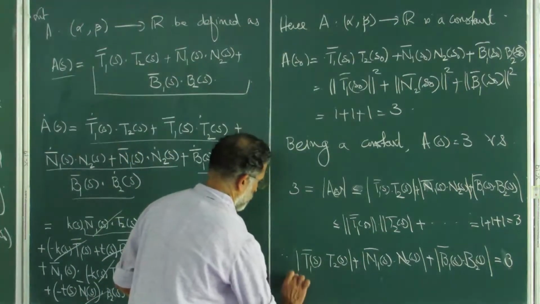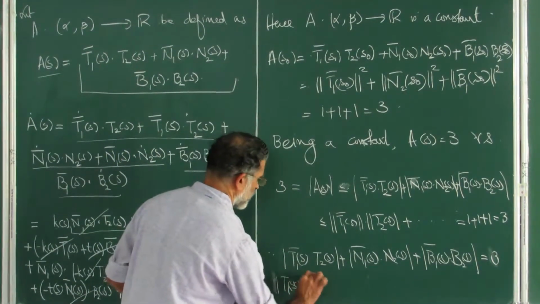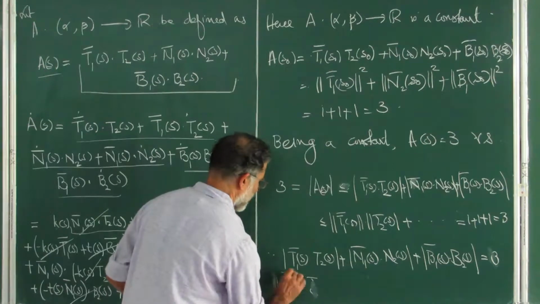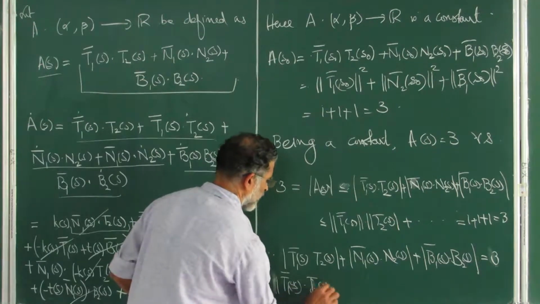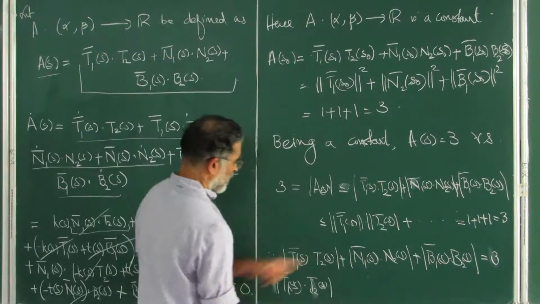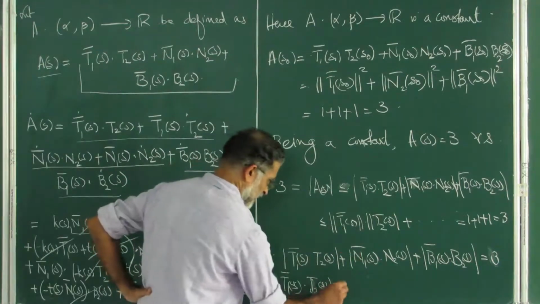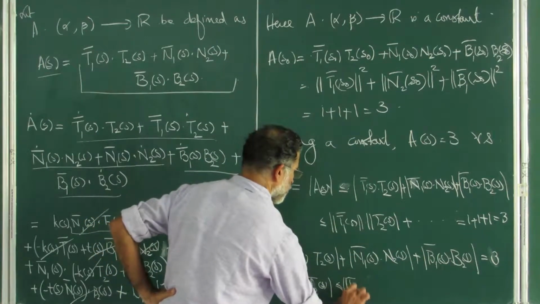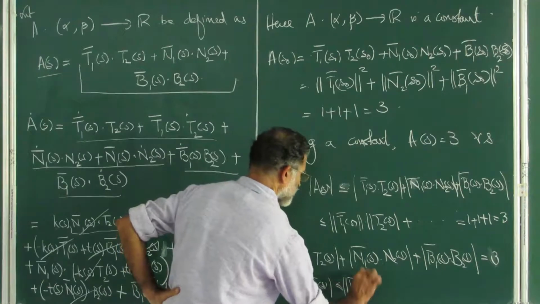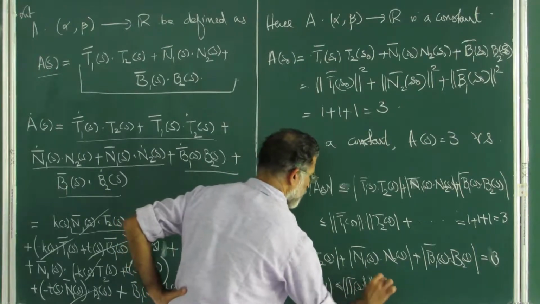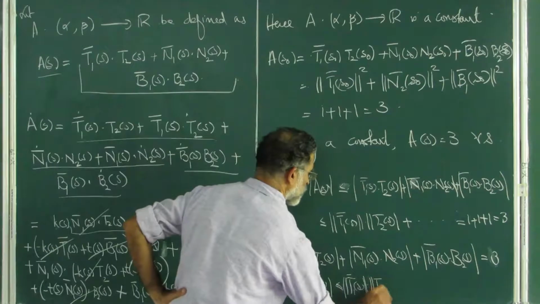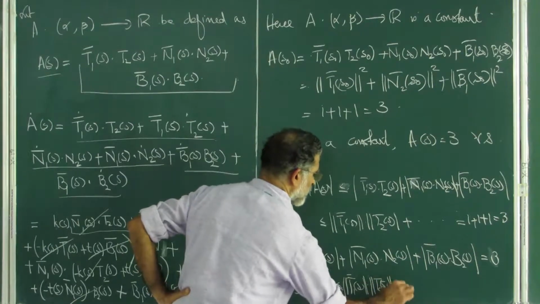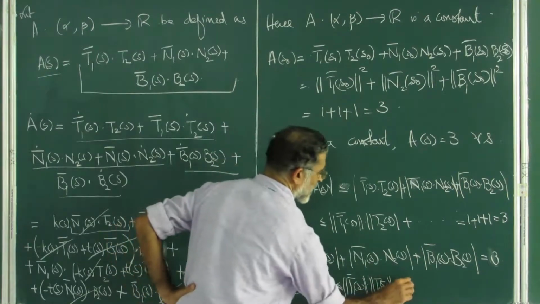So, T1 bar s dot T2 s. And I will just write one of them. We have already written here, this is less than or equal to norm of T1 bar s into norm of T2 s. But these are normal vectors, so that's less than or equal to 1.